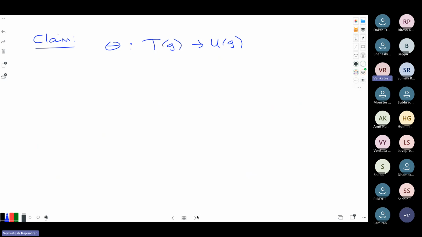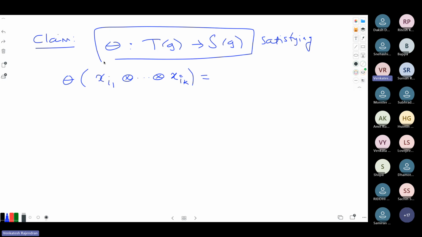So you have the map theta from TG to SG, satisfying the following conditions. You take theta of, let's call it, xi1 tensor, etc., tensor xik. This is the standard basis of this T. You send it to, okay, sorry, you define it on SG. So you define a map from TG to SG, not the other way.